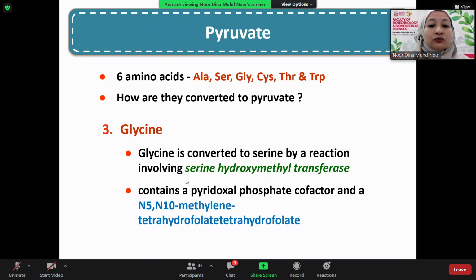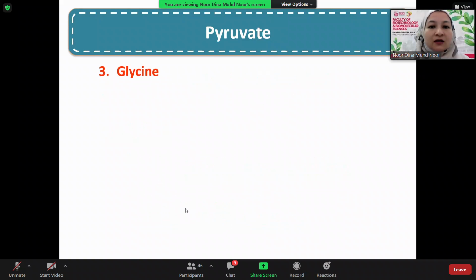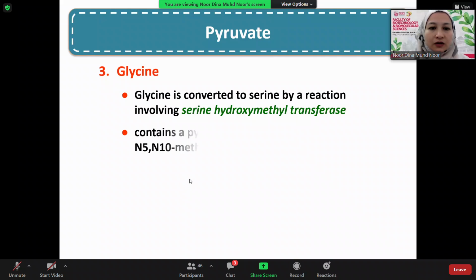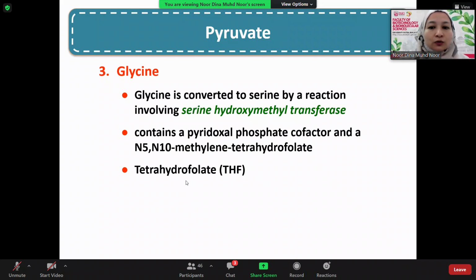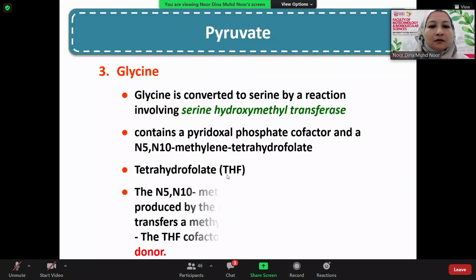They have this enzyme for the conversion of glycine to serine. And during this conversion from glycine to serine, they have PLP as a cofactor, which will transfer the methyl group.